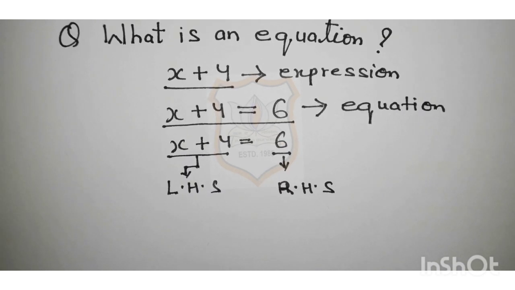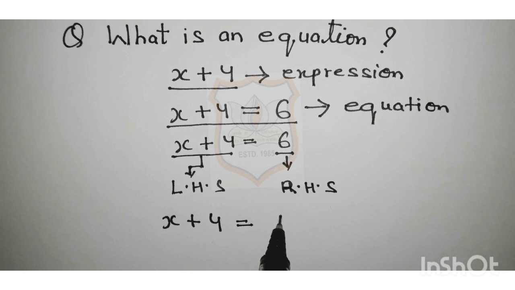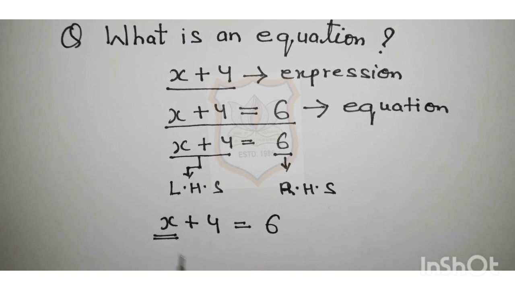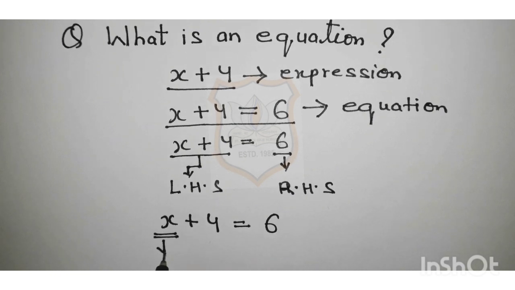Now students, I will explain you one more thing. In the equation x plus 4 is equal to 6, this x is an alphabet. It is known as variable.